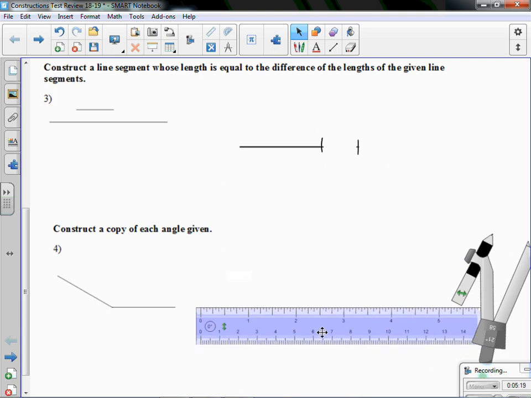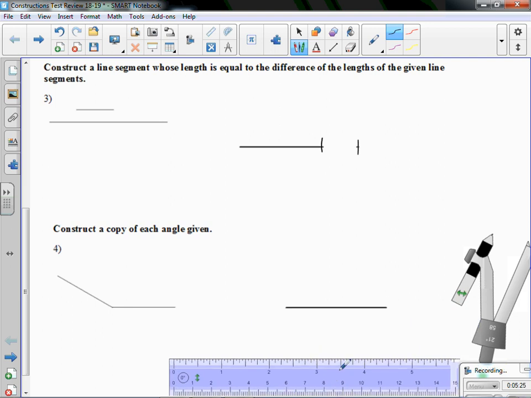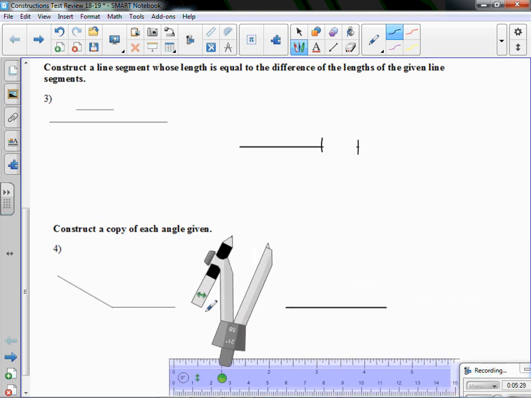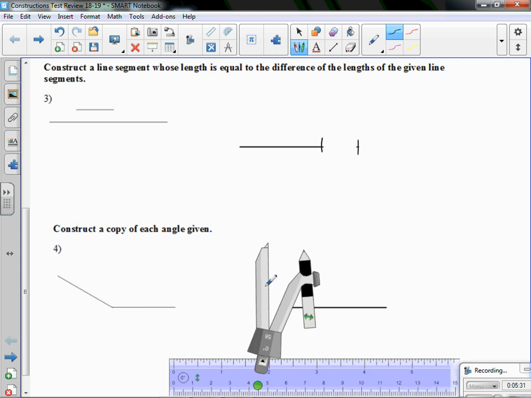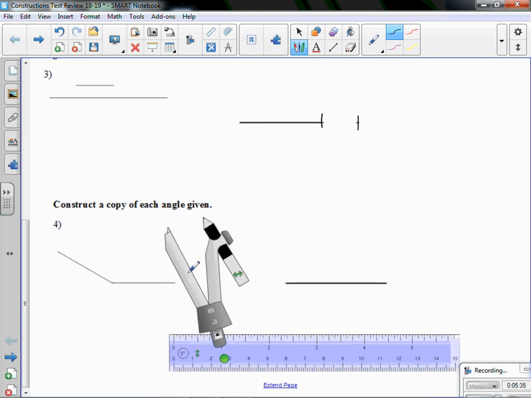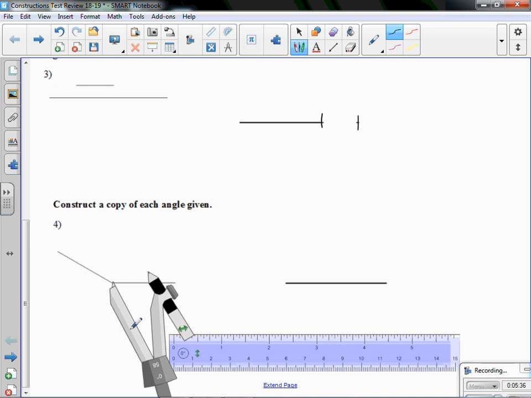All right, number 4, construct a copy of the angle given. So first step, kind of like on a line, we're going to use our straight edge, make a line. And then we're going to take our compass and we're going to put the point of the compass at the vertex of that angle.